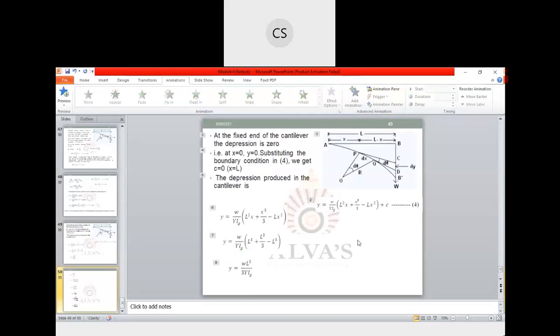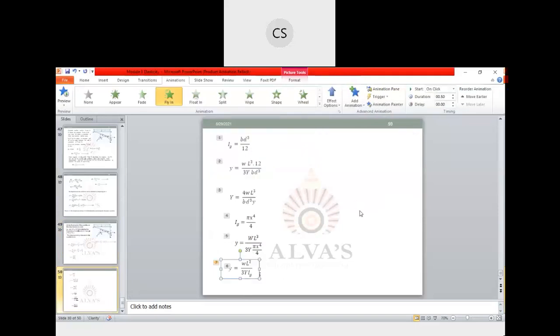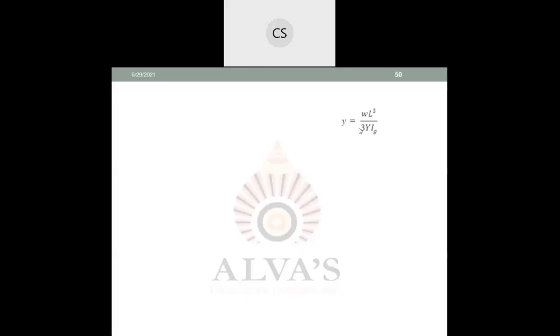Control C. Okay, this is the general expression.